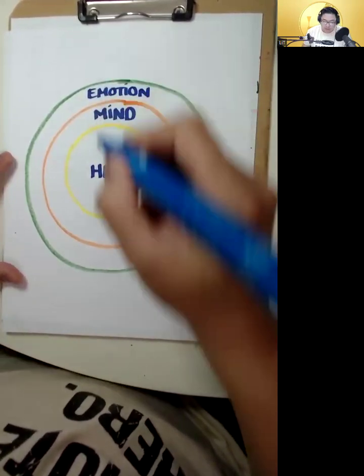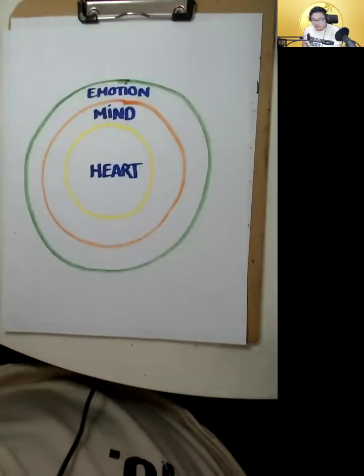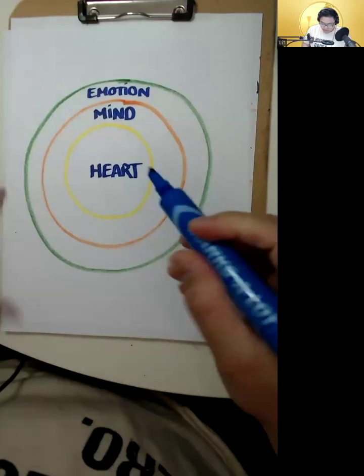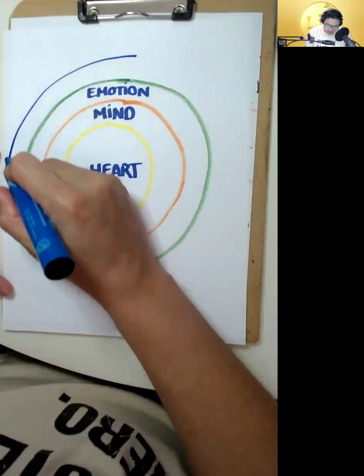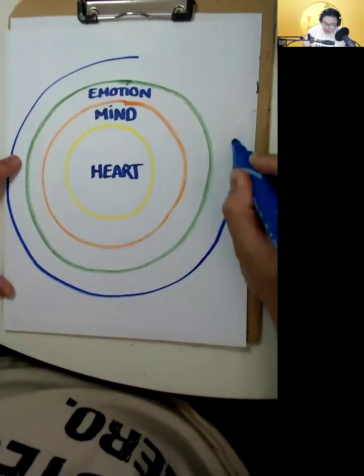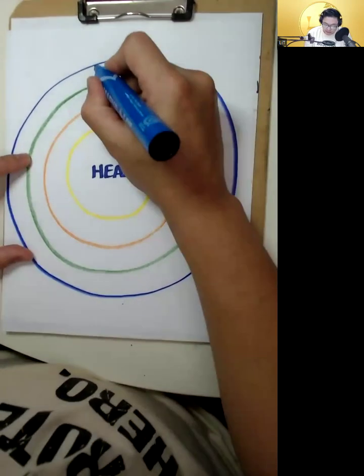And if you can recall, this is the 84,000 bubbles of illusion, and the outermost layer, let's call this the body.